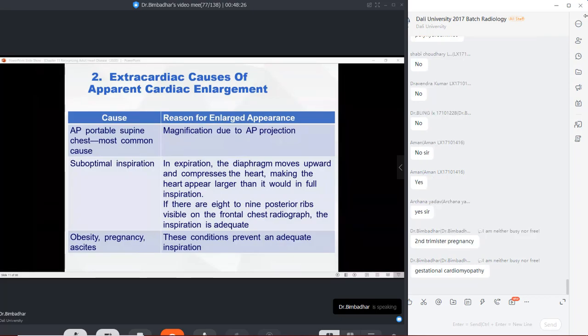Okay, gestation means pregnancy, so gestational cardiomyopathy. There is a condition which will increase the cardiac output, which will put extra pressure on the heart. It is called gestational cardiomyopathy, which is the reason for the pregnancy-induced hypertension. So how will I diagnose this condition?